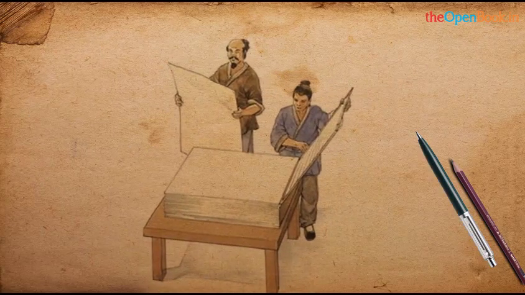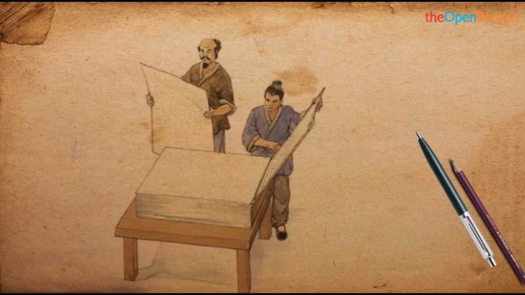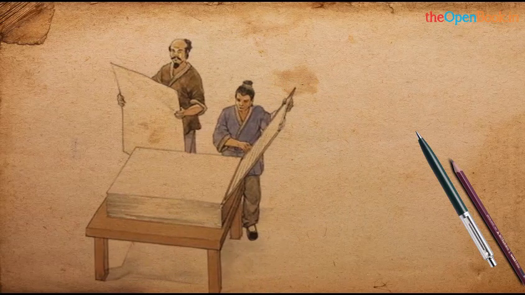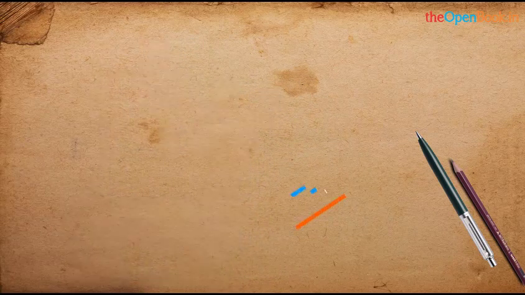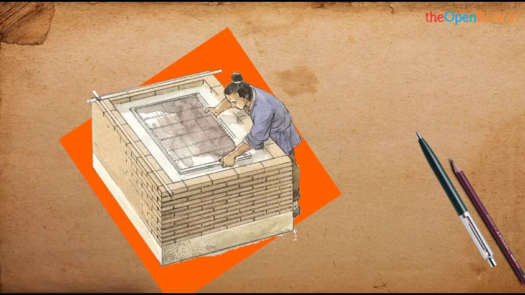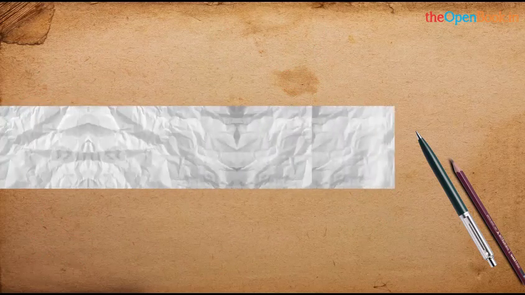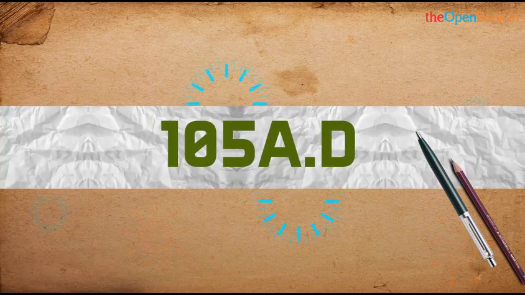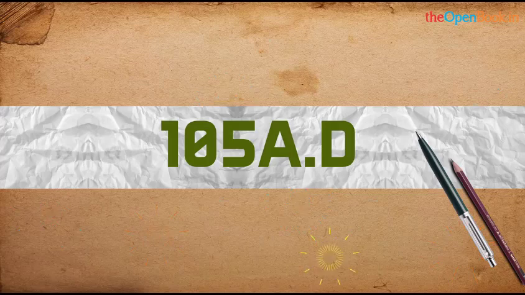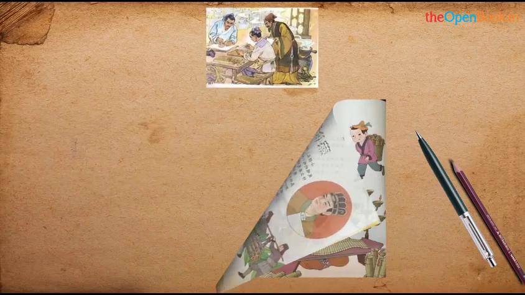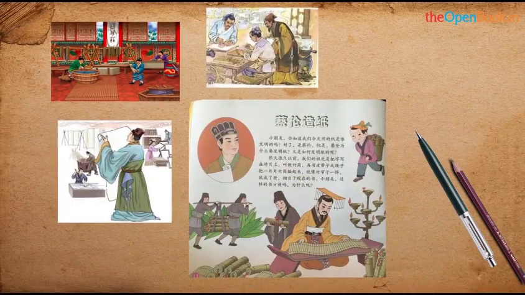The man realized he had stumbled upon a material which could be used for writing. It was lightweight. In course of time, he used other material too to make the same, and he presented them to the emperor of the time in 105 AD, and that, according to Chinese history, was the making of paper.